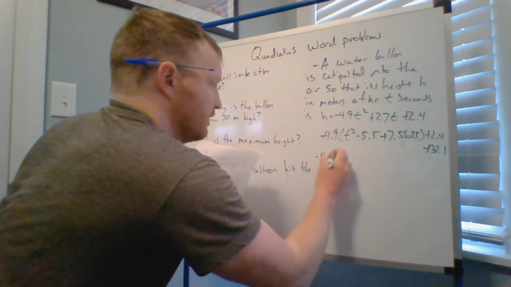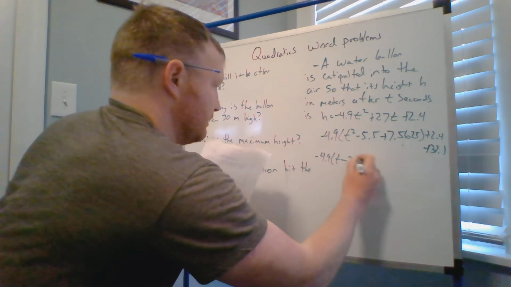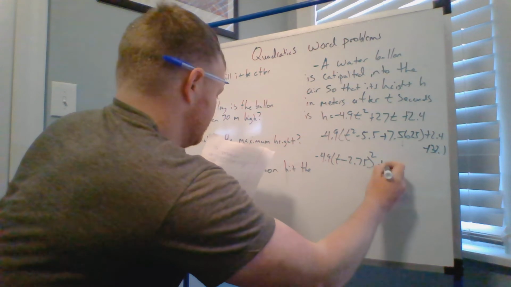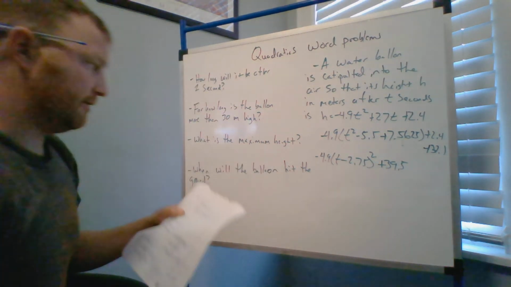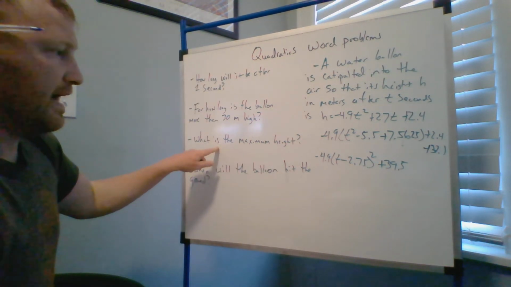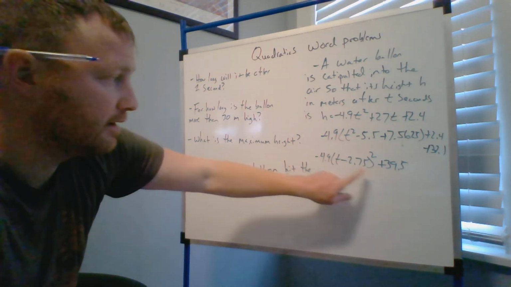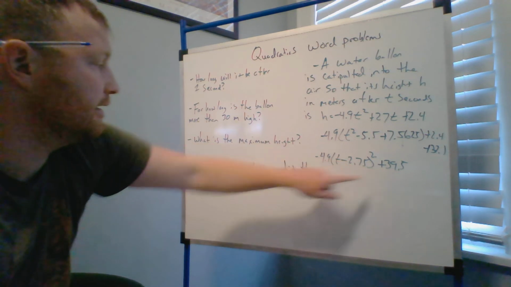So negative 4.9 times t minus 2.75 squared plus 39.5. So what is the maximum height? The maximum height is 39.5. That right there. This is the time it takes to get there, so it takes 2.75 seconds to get to that height.